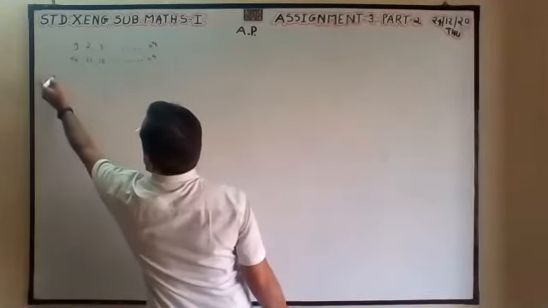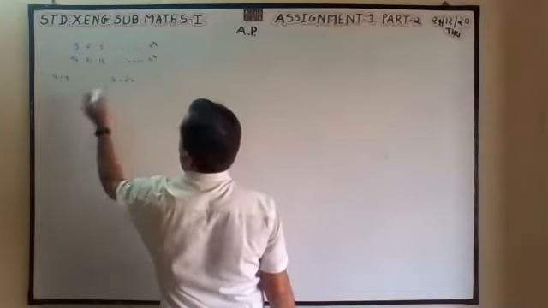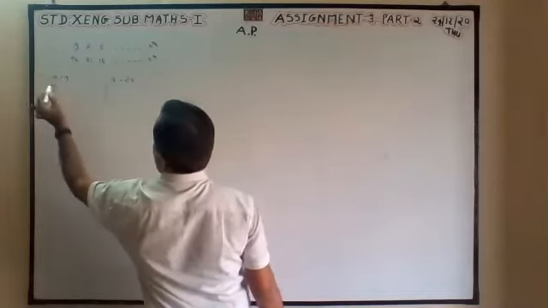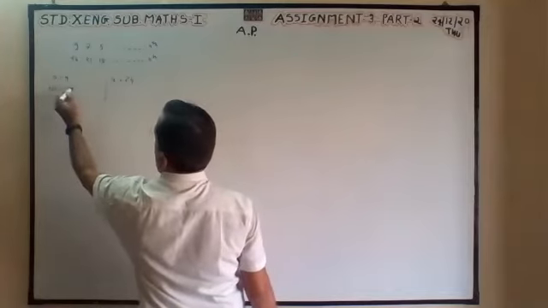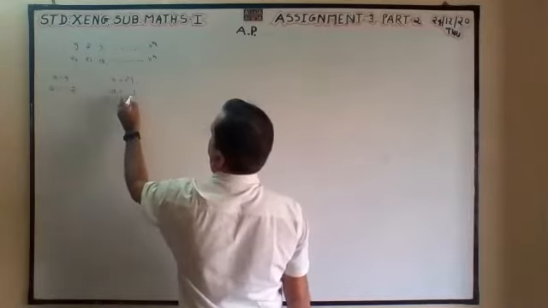In the first series, a is equal to 9. In the second series, a is equal to 24. In the first series, d is equal to -2, decreasing. Here, -3, decreasing.